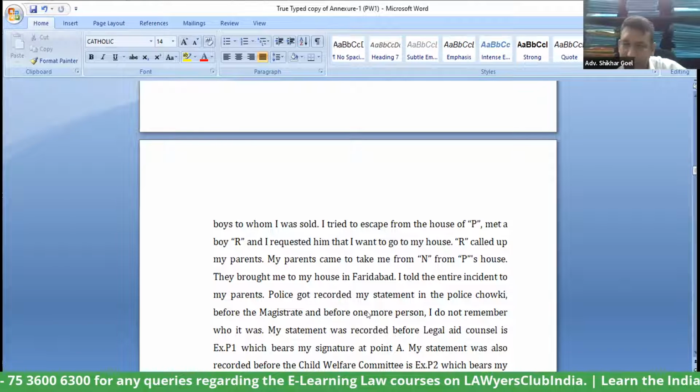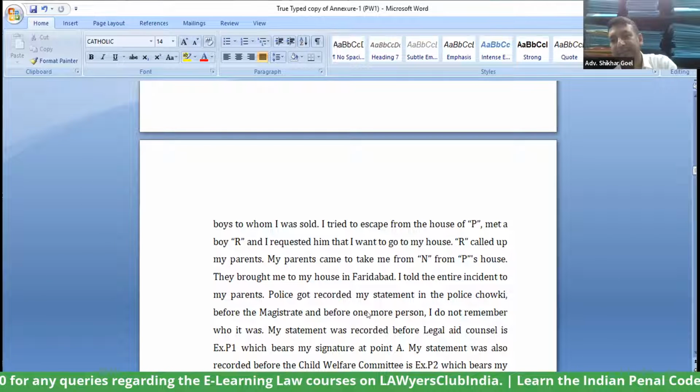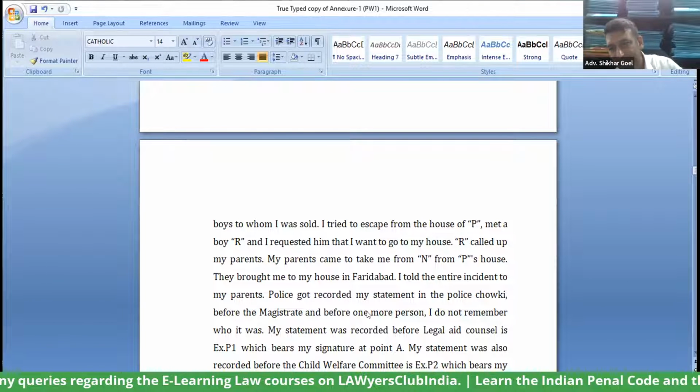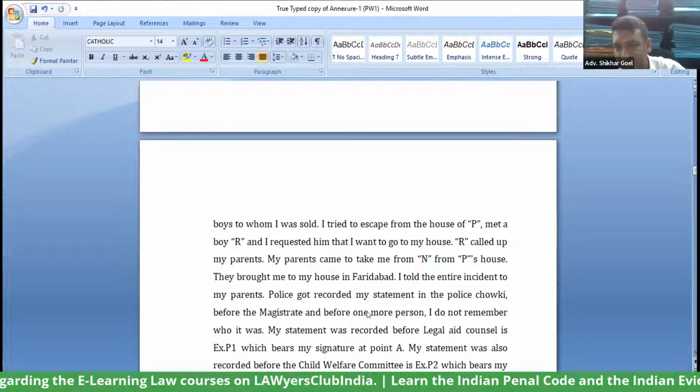She meets different people. Now she is giving 3 different statements in her 164, CWC and legal aid statement, all 3 different versions.